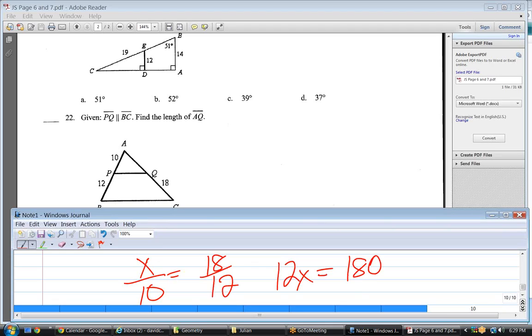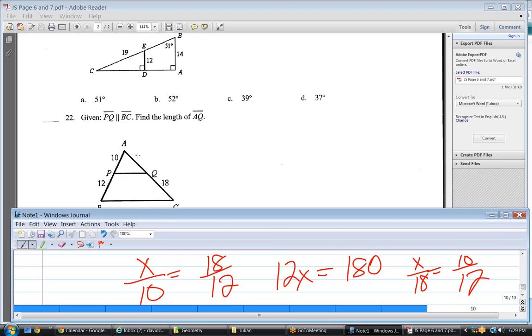Well, if 12x is equal to 180, that also means that x is to 18 as 10 is to 12. In other words, with figures like this, you've got double ratios that work.